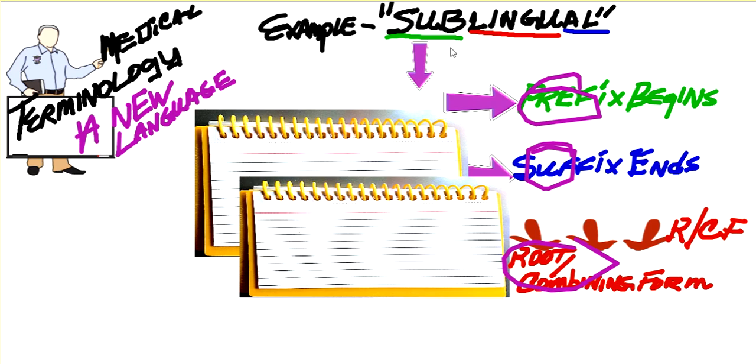If you look at our word up here, we've color-coded it: the green prefix sub, and then Lingu and AL. So we're dividing a line showing AL as the suffix or the end of that word, and the LINGU right there, that's going to be our root or combining form. And then, of course, we've got the sub up here at the top, as being the prefix or the beginning of that word.